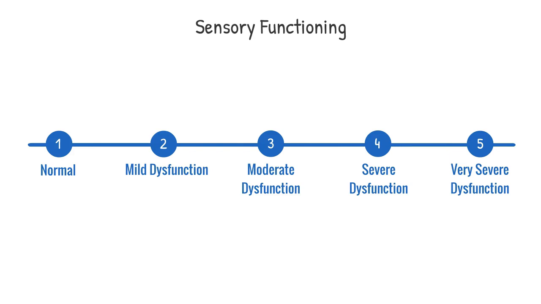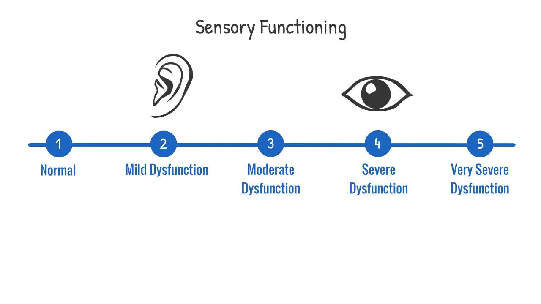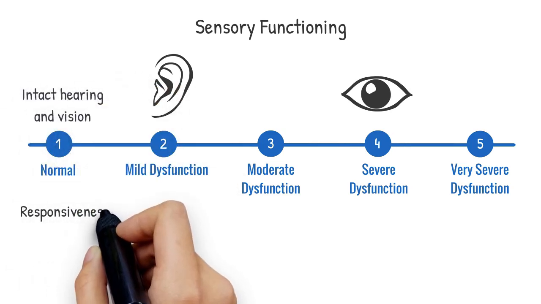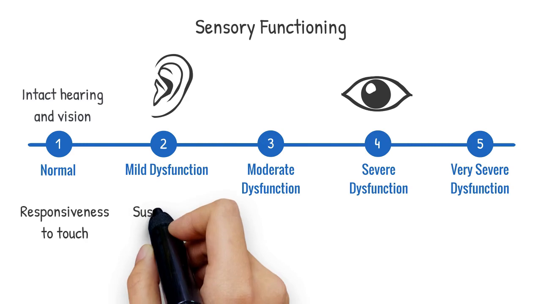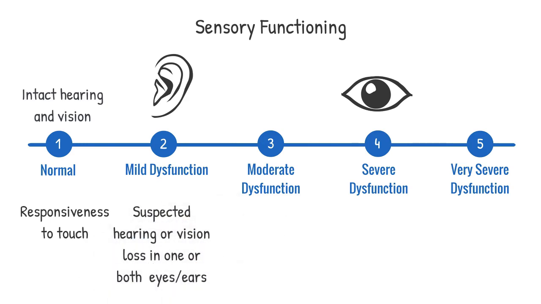The sensory functioning domain refers primarily to hearing and vision capabilities. Normal refers to intact hearing and vision, and normal responsiveness to touch. Unless a problem is noted, please assume normal. Normal includes normal functioning with hearing aids or glasses. For mild dysfunction, you might suspect hearing or vision loss in one or both eyes or ears.